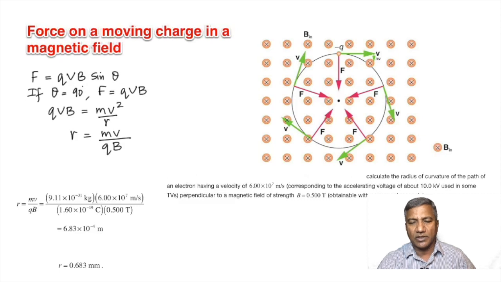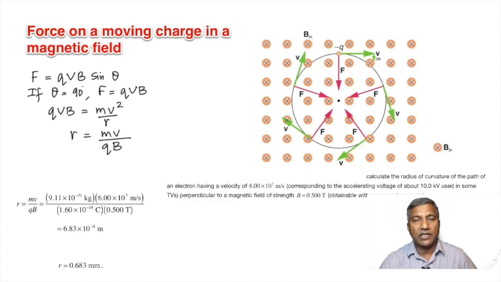You can calculate the radius of the path. The radius of the path comes out to be 6.83 times 10 to the negative 4. Oh, and the velocity is 6 times 10 to the 7 meter per second, not 10 to the 3.